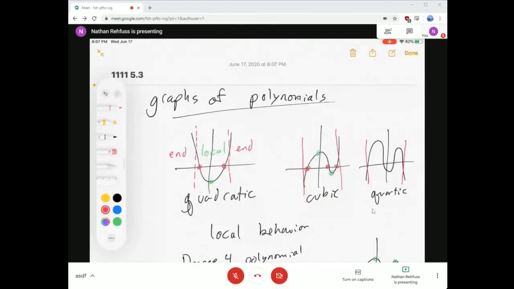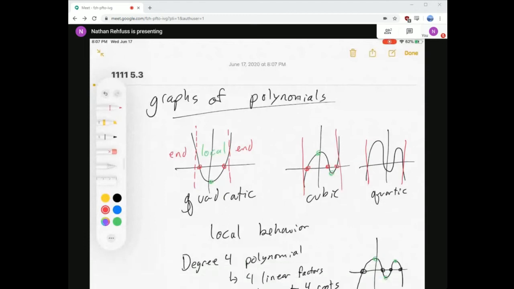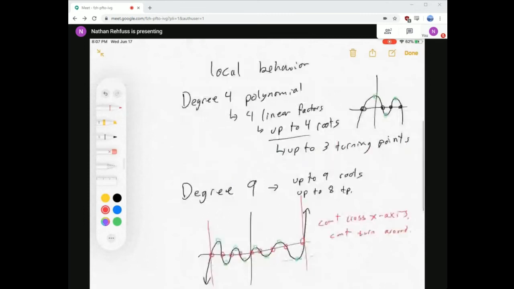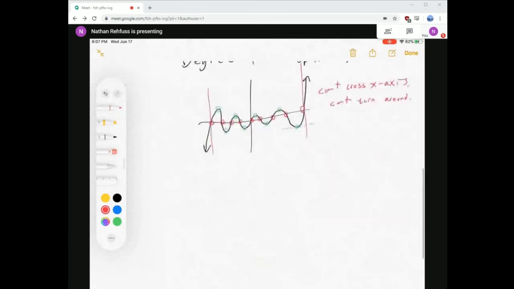It could go both up, or they could go one up and one down, or they could go both down. So there's exactly 4 options. For a polynomial, there's only 4 things you can do once we get out to the end. Let me draw 4 graphs.